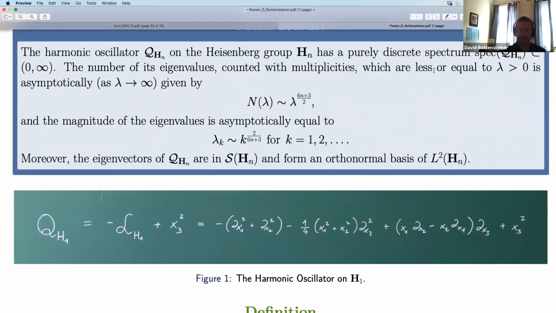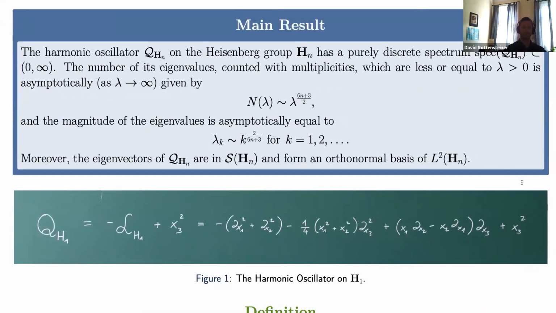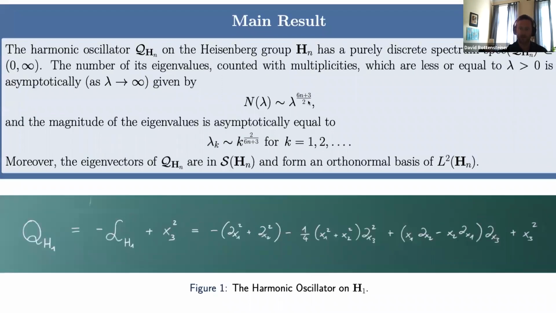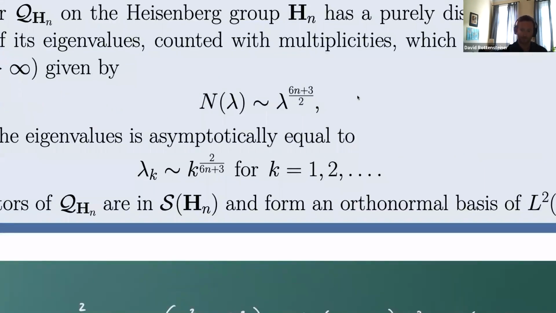Our main result is the following. This operator, this harmonic oscillator, has purely discrete spectrum inside (0, ∞). The number of its eigenvalues, counted with multiplicities, which are less than or equal to a certain threshold lambda, is asymptotically given by lambda to the power (6n+3)/2 over 2.